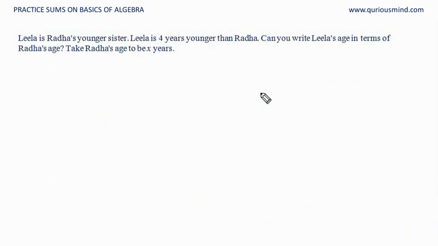Leela is Radha's younger sister. Leela is 4 years younger than Radha. Can you write Leela's age in terms of Radha's age? Take Radha's age to be X years. So it is already given that Radha's age is X years.